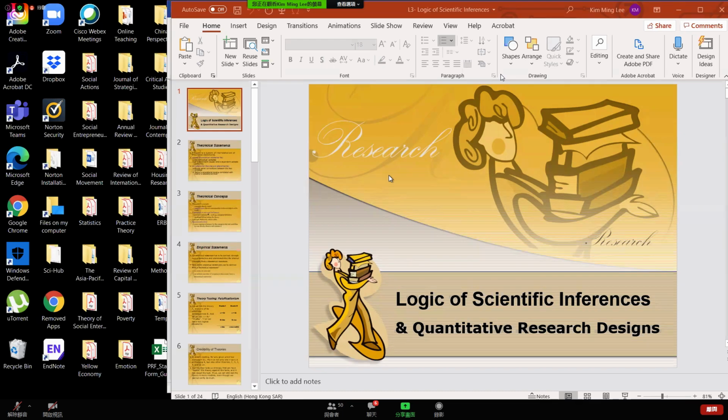One is the inductive research, which is mostly done by qualitative research. And then we come across the deductive research stage, and this is basically about quantitative research design. Because it is deductive reasoning, we need to discuss the so-called logic of scientific inferences.